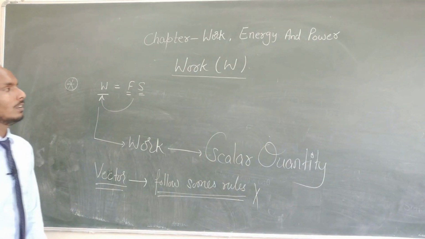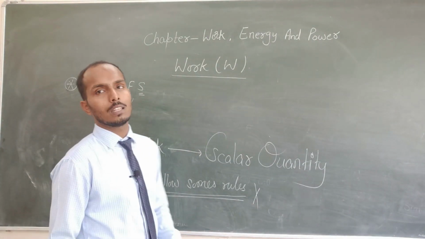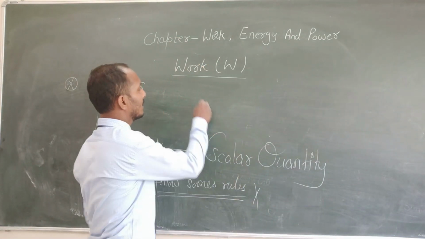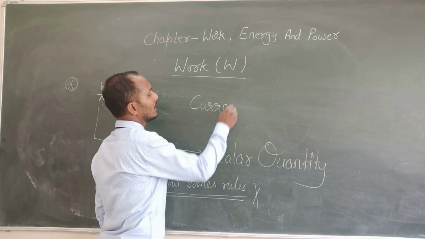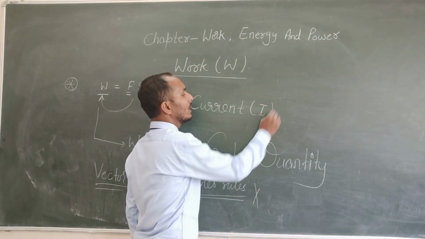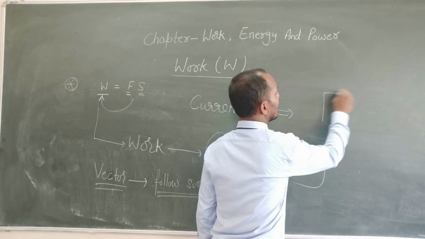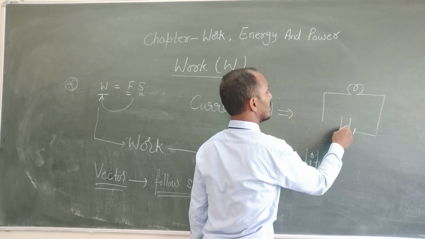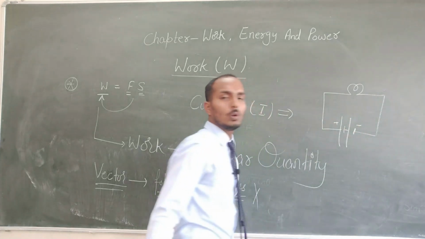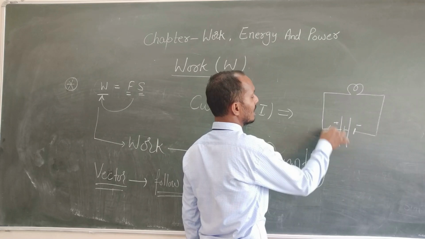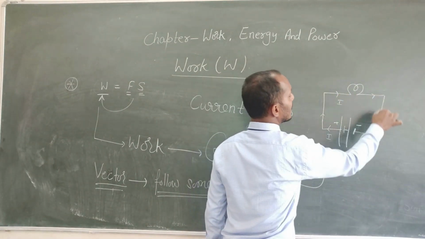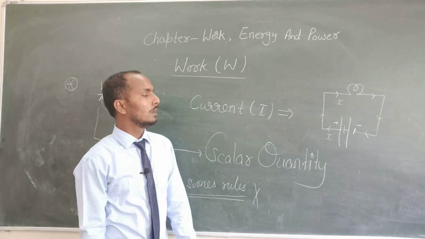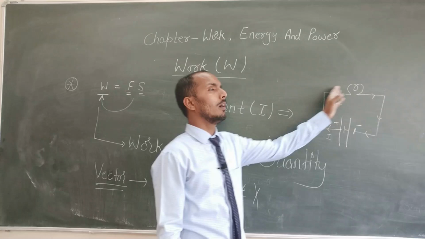For example, take current, whose symbol is I. When a current is passed through a circuit, the direction of the current is from the positive terminal to the negative terminal.